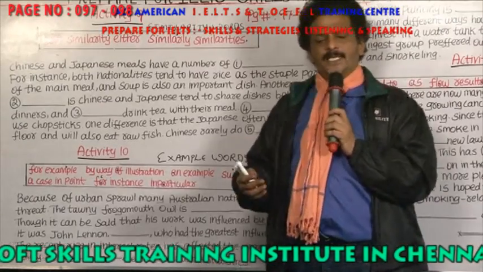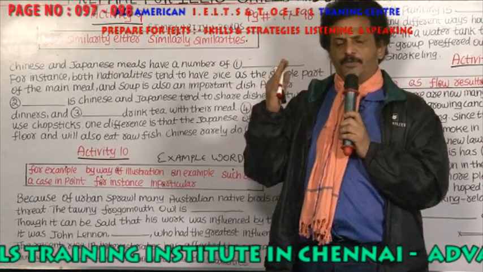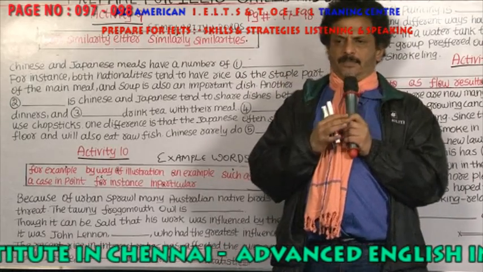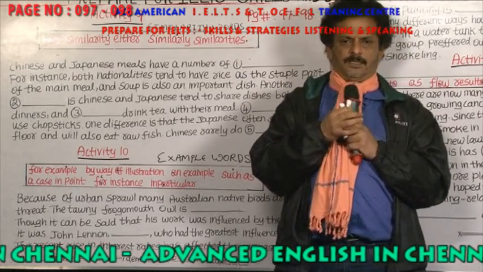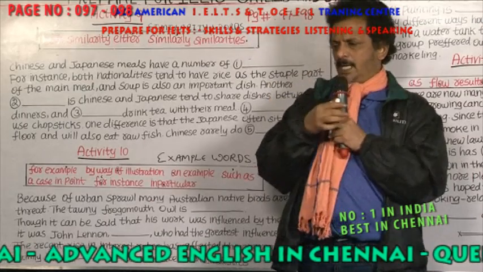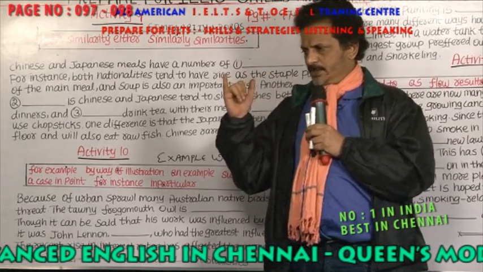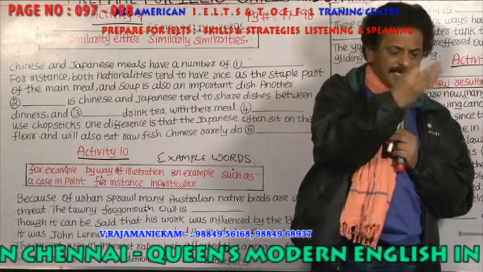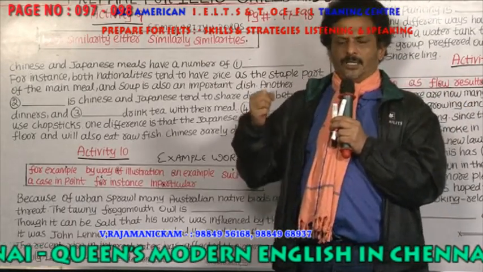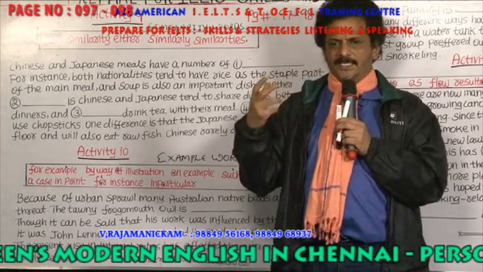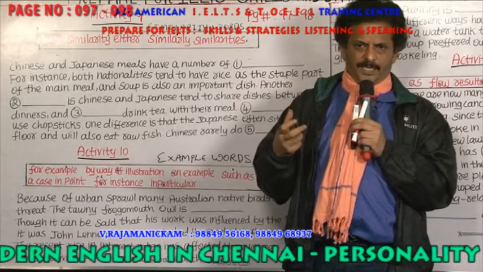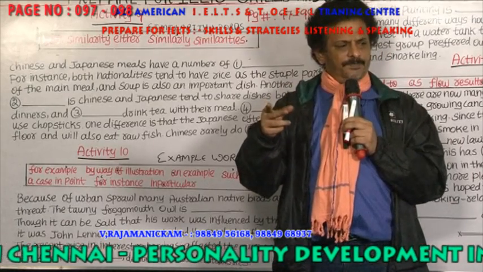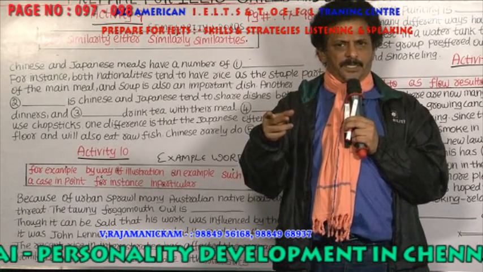So in IELTS, reading, writing, listening and speaking, four major skills they check. In speaking, how could the interviewer give a mark for you? Number one, based on your vocabulary power, word power. Number two, your grammatical range, how good you are in forming sentences, simple, compound, complex, direct, indirect, active, passive, subject verb agreement, singular, plural.